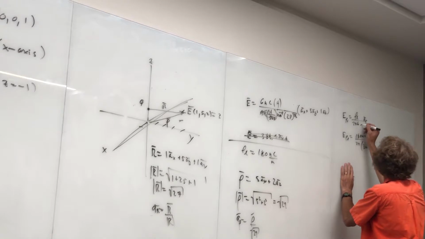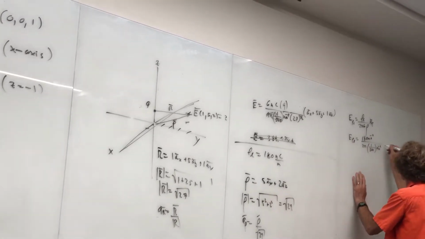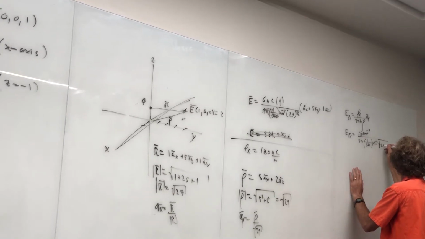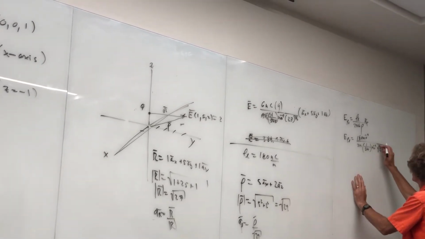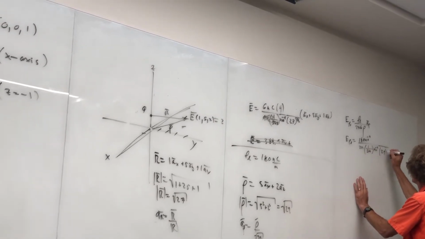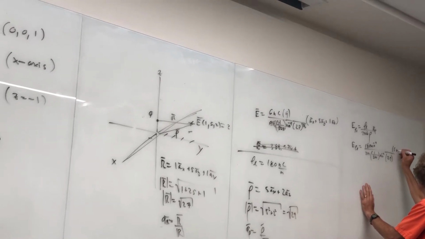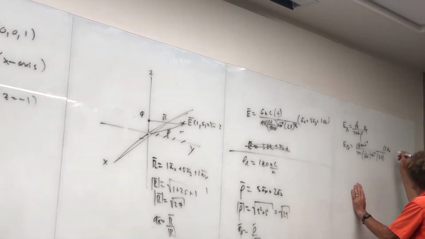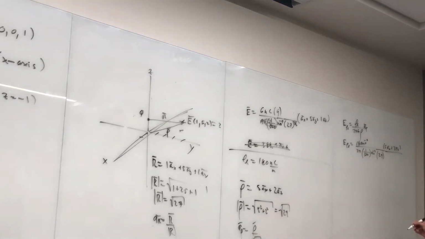Then it's divided, there's a rho here, by the way, divided by the magnitude of rho, which is square root of 29. Then it's times a rho, and that has the square root of 29 in it again, so it just makes 29 down here, and I have 5ay plus 2az.